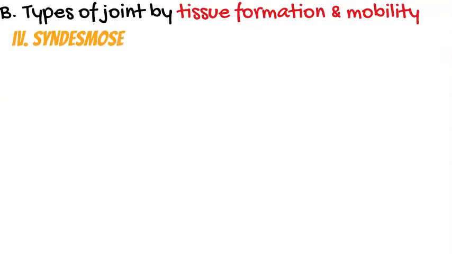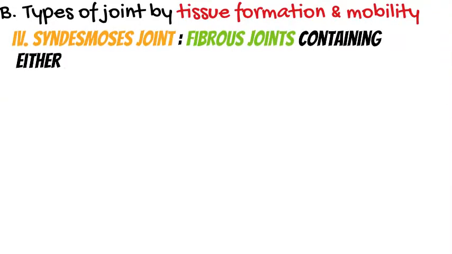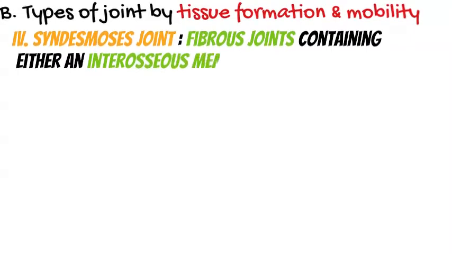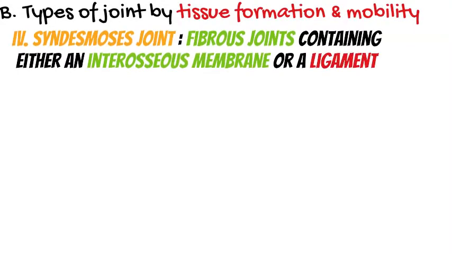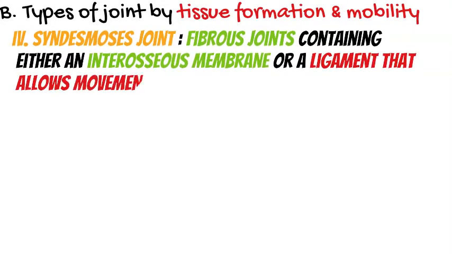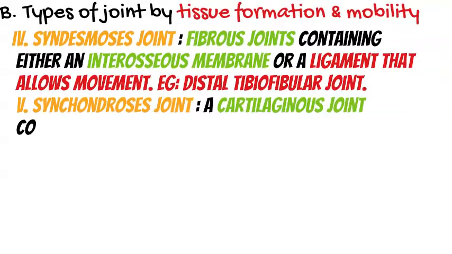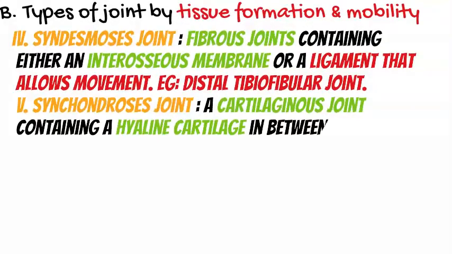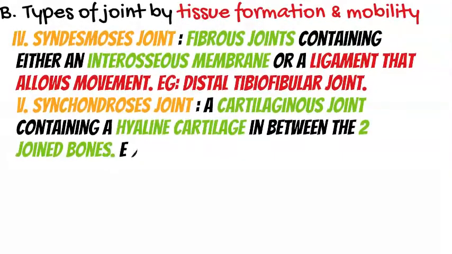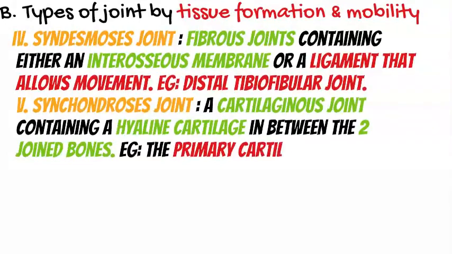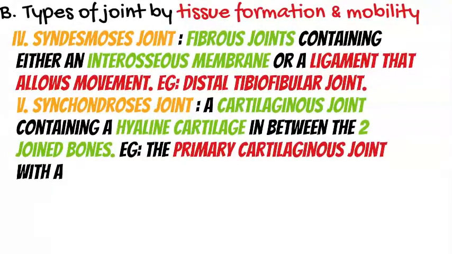Number 4, syndesmosis joint. A fibrous joint containing either an interosseous membrane or a ligament that allows movement. Example, distal tibiofibular joint. Number 5, synchondrosis joint. A cartilaginous joint containing hyaline cartilage in between the two joint bones.